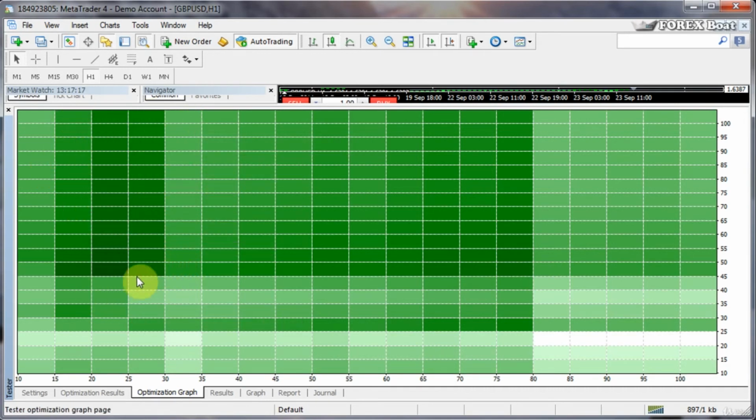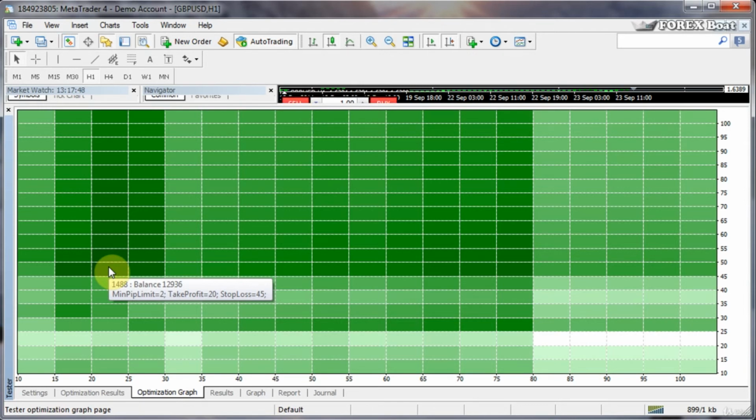However, now each block of this matrix represents not only one but a stack of backtests, and the color shows you the best out of them. So here you will see all the backtests that had take profit 20 and stop loss 45, and in reality there were actually 10 of them, because there were 10 backtests with different min pip limits.